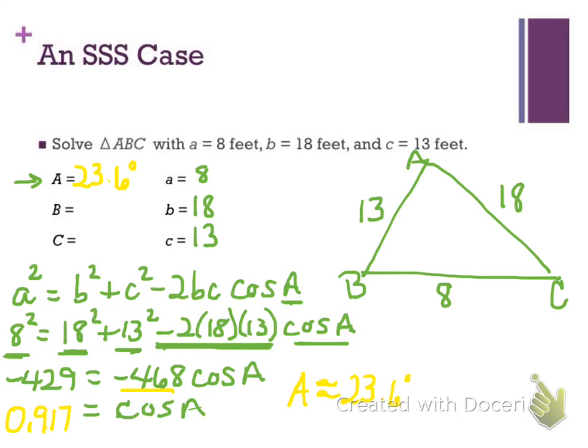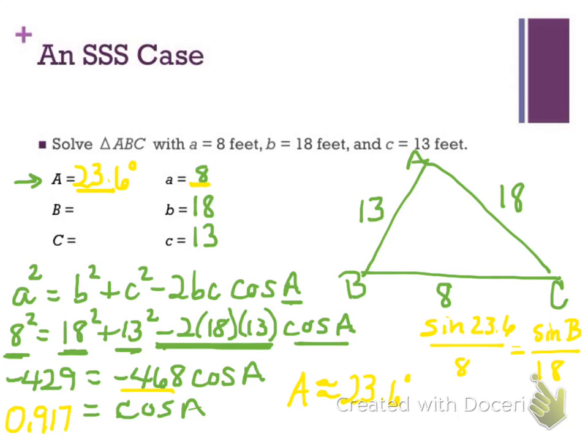All right, so now that I have an angle, I now also have a ratio that I can set up. So now I can go to the law of sines and take the sine of the 23.6 over 8, and that would have to be equal to the sine of, let's say, angle B over side B, which would be 18.